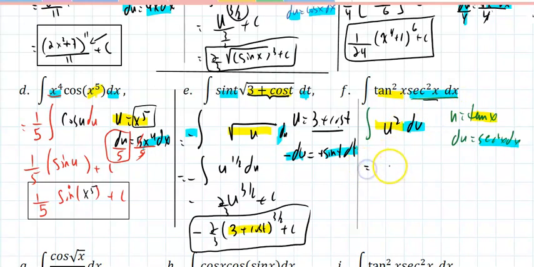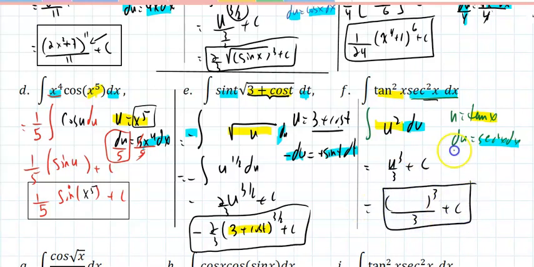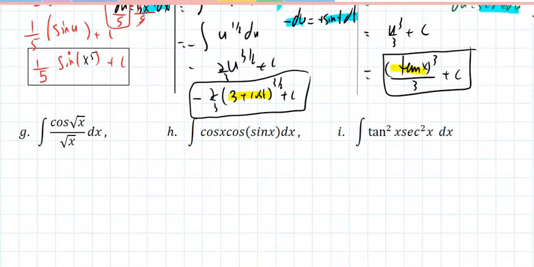And that's how you figure out how that works. So that's u cubed divided by 3 plus c. And I need to replace u back. And u initially was replaced by the tangent of x. So, not that bad of a section. Very efficient and the most used.